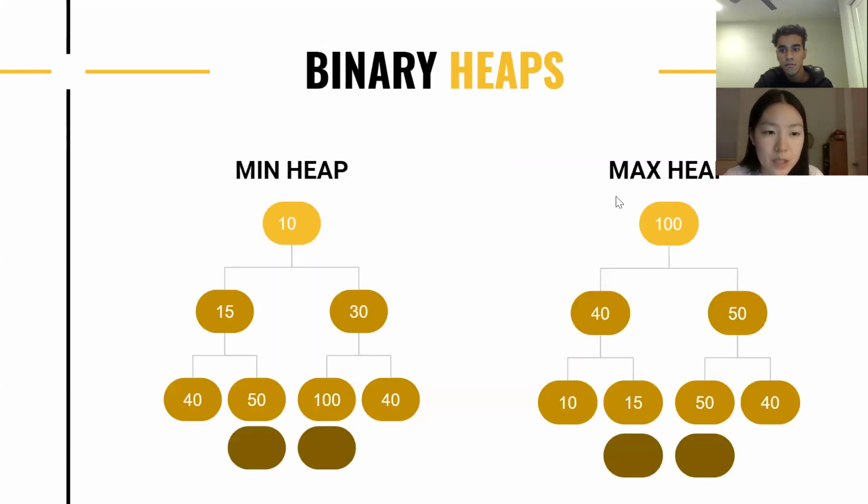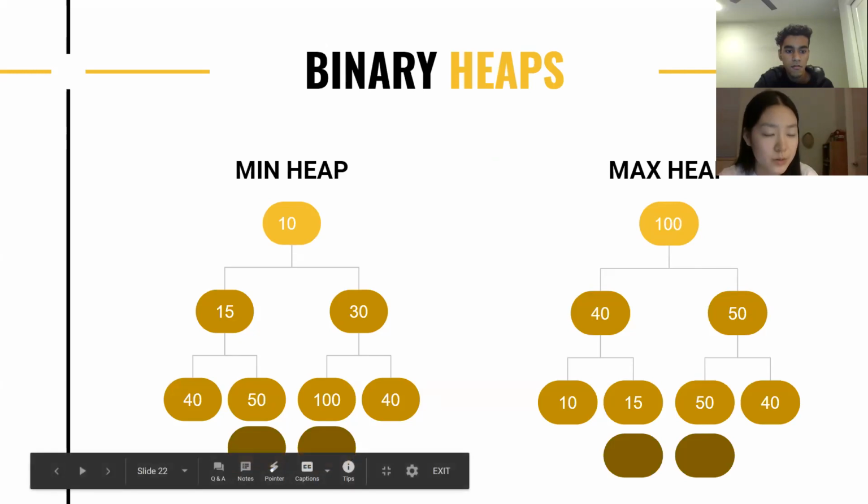One of them is the min heap, where the root element is the minimum, and the other is the max heap, where the root element is the maximum. Binary heaps are particularly useful to implement priority queues. Overall, a priority queue structure makes it a lot easier to insert and reorder elements based on their priority, and it allows us to deal with the prioritized cases first.